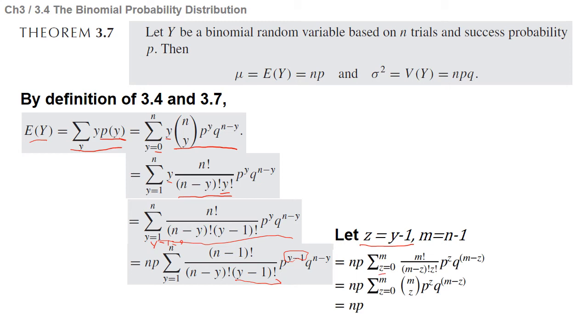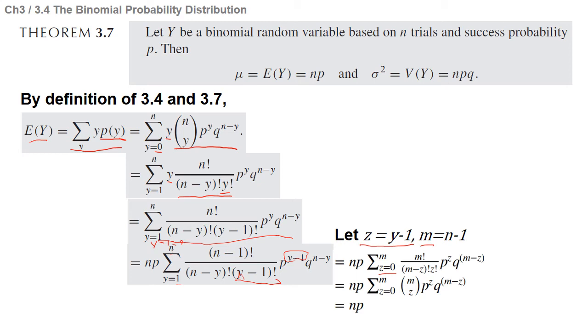The summation over z is from 0, since y equals 1 to n. And when n is inside here, this is n minus 1 factorial, and n minus 1 is actually m.